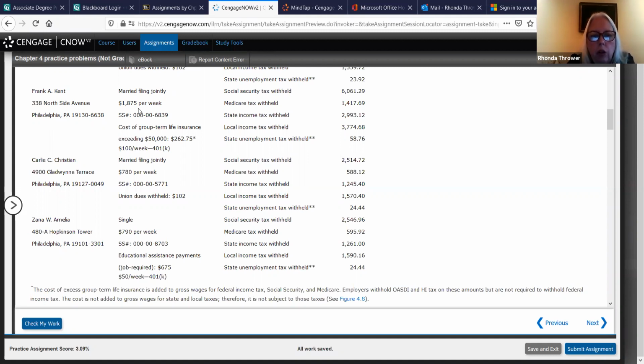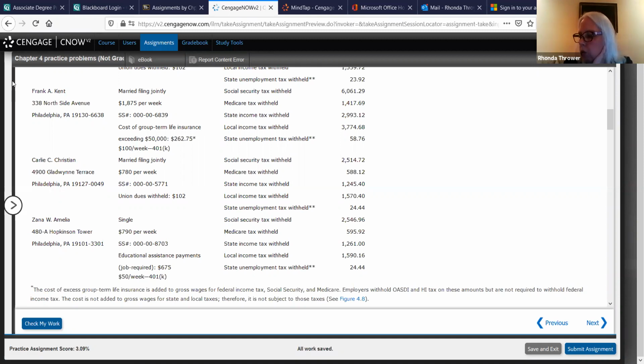So first of all, he's being paid $1,875 per week, and he's married, filing jointly. I like to just jot that down, because when you're flipping back and forth through the table, sometimes it's easy to forget the amounts that you're working with. But $1,875 was his gross wages. Now we can see here that he had $100 that he was contributing to the 401k plan.